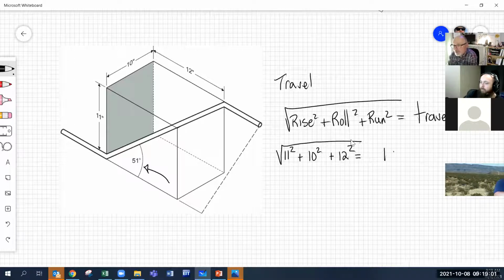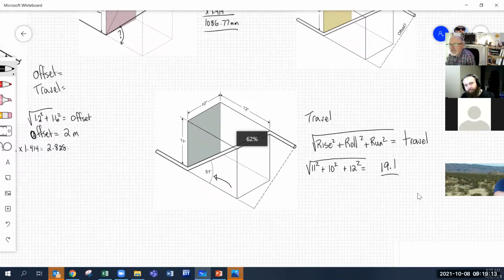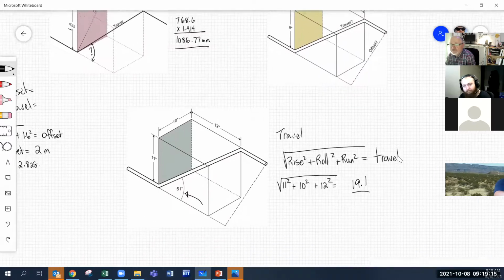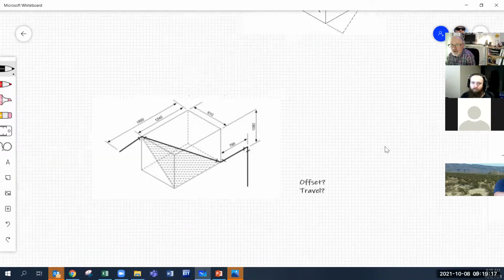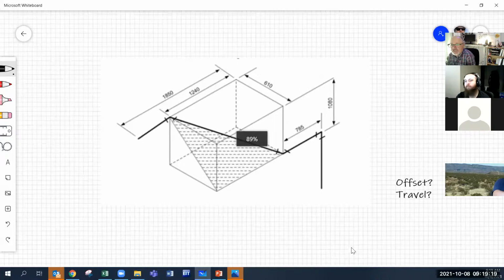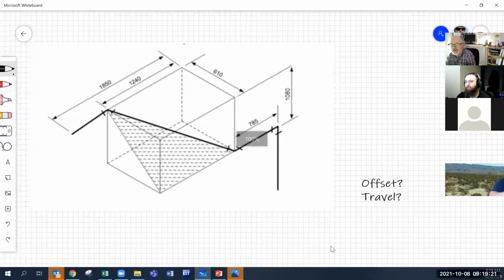And you should have come out to 19.1 is equal to our travel. Very good. So just two formulas. That's all we need to do these ones. All right. Let's have a look at this one here.